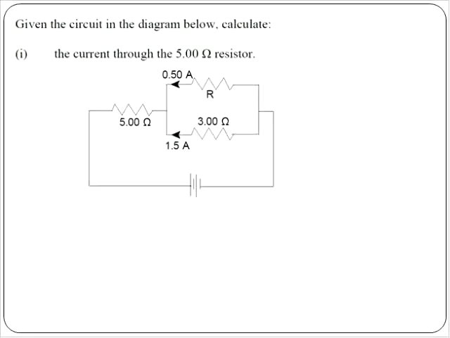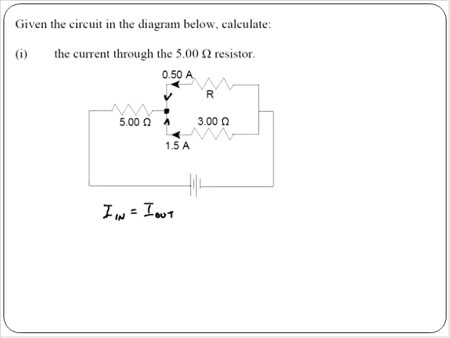So, the current through the 5 ohm resistor. I want to know the current right here. Well, that's pretty easy actually, because look, here's a junction point. And remember, current coming down this way is 0.5. Current coming up this way is 1.5. So all you have to remember is current in equals current out. That's Kirchhoff's current law.